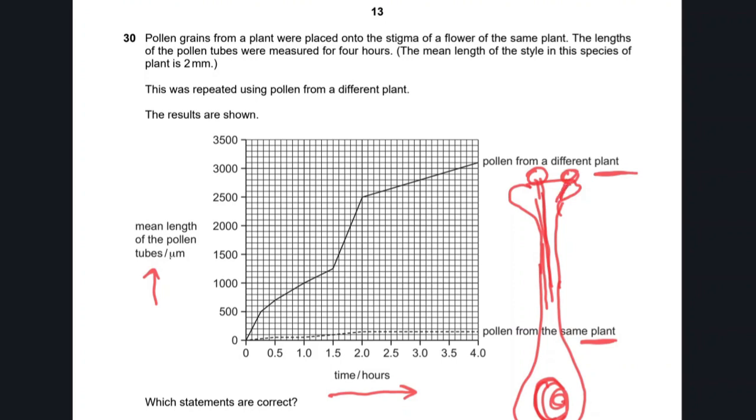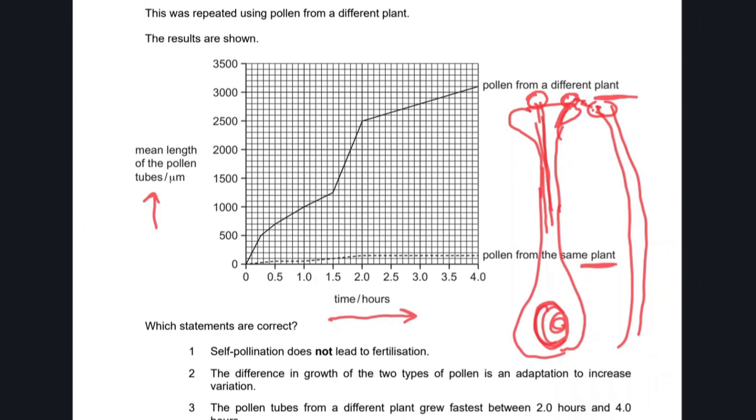Suppose this is a stamen and the pollen is transferred from here to here. That is from the same plant, and the other one will be from a different plant. So the statement: self-pollination does not lead to fertilization. Yes, it's not necessary that it always leads to fertilization.